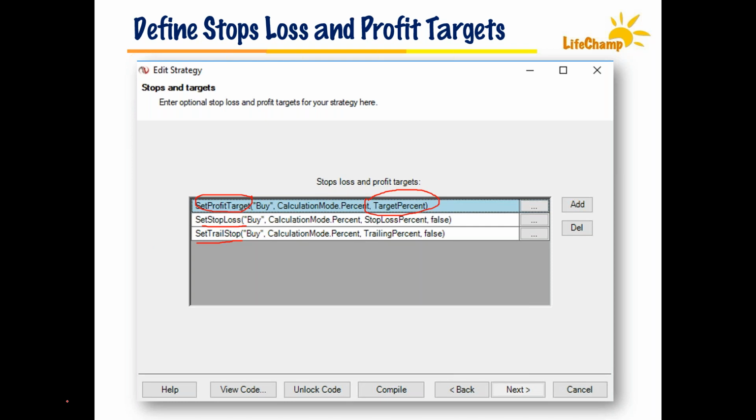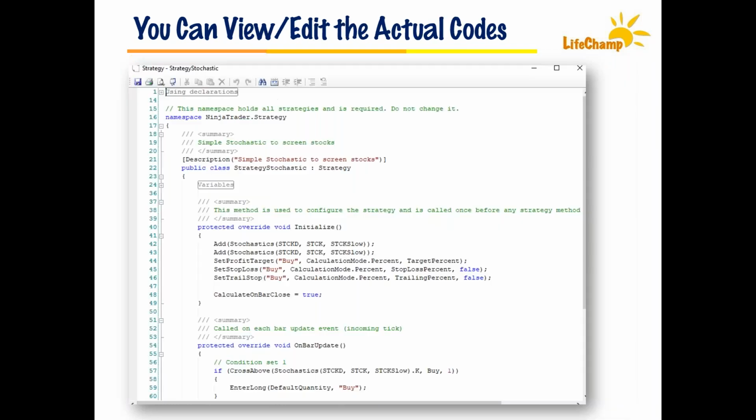Once I'm done with this, I click next, and before that, I also want to show that you created this using a mouse and clicks, but actually the program will compile and convert all the point and clicks into programming language. So this is the actual programming language. You can copy and paste, or you can even edit this to make it more and more robust.